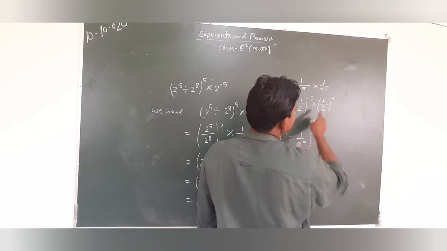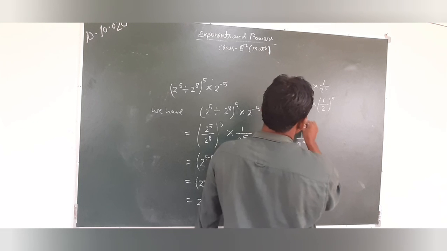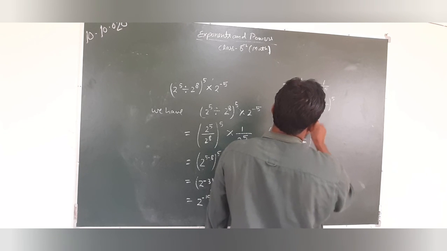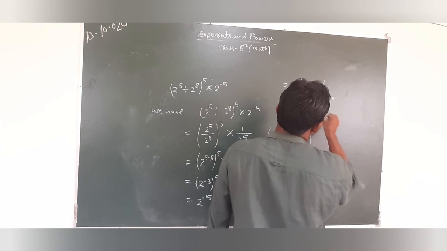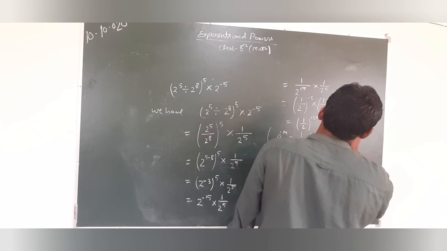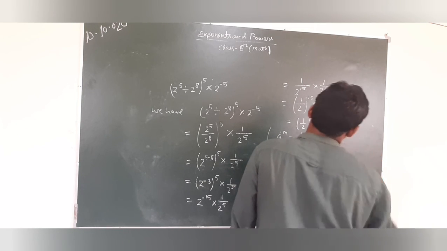Here bases are equal, then we add the power, that means 1 upon 2 to the power 15 plus 5, that implies 1 upon 2 to the power 20.